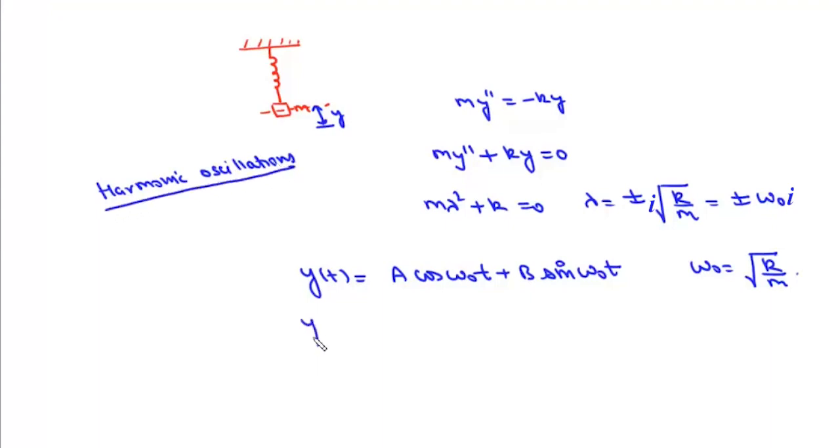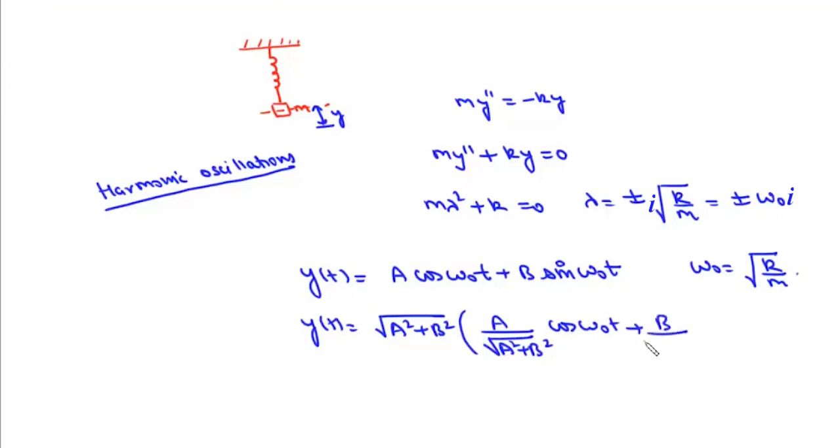Now if we want, we can also write this as under root of a square plus b square, and we write this as a upon under root of a square plus b square cos omega naught t plus b upon under root of a square plus b square sin omega naught t.